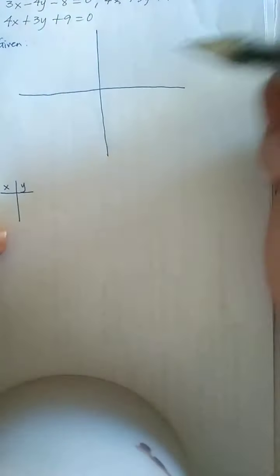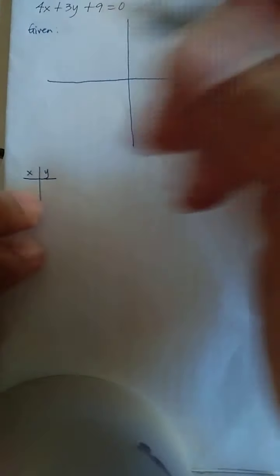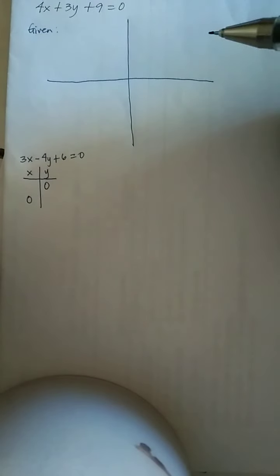First, let's start with the first given line, 3x minus 4y plus 6 equals 0. Let's label the intercepts.